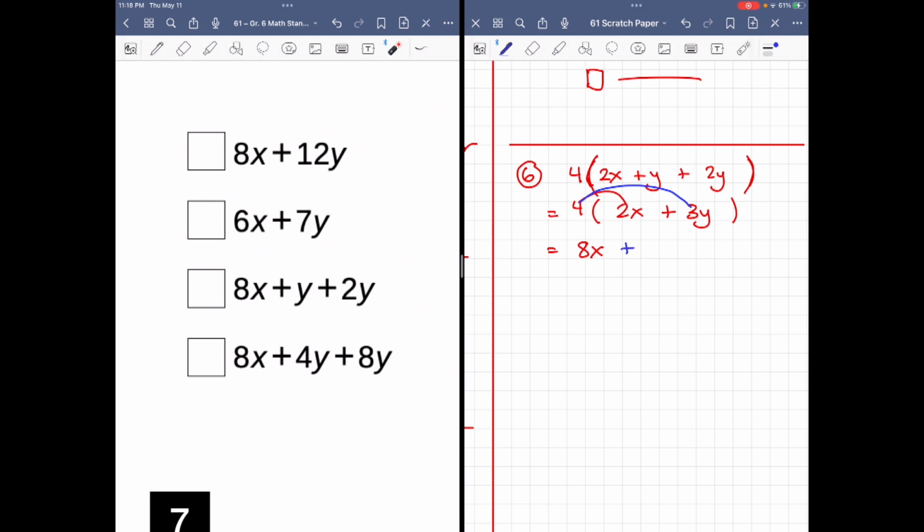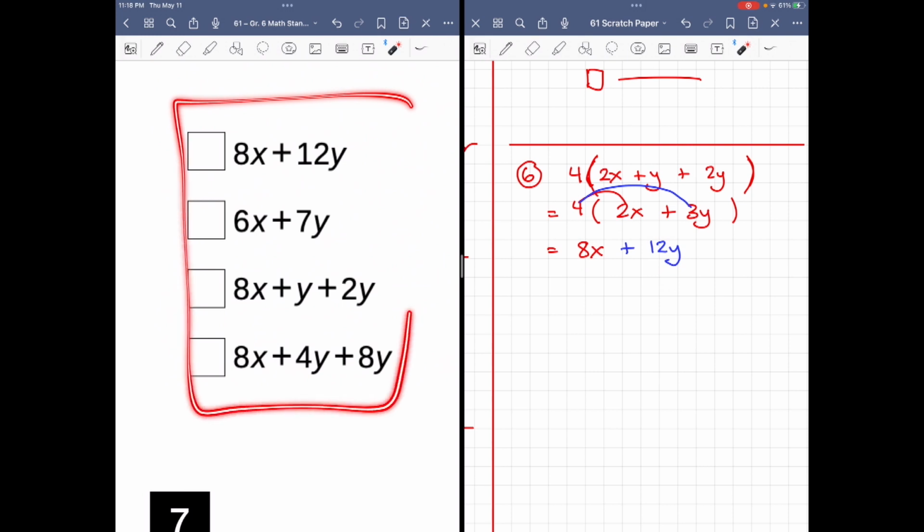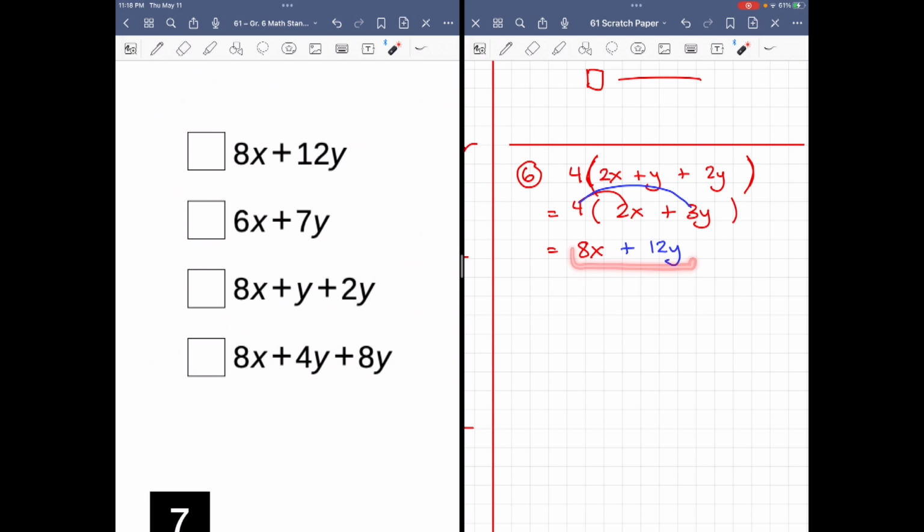So write down plus 12y. So one of my possible answers is 8x plus 12y. And does it match one of these choices over here? And you'll notice that 8x plus 12y actually matches this first choice right here. So go ahead and check off 8x plus 12y as one of our correct choices.